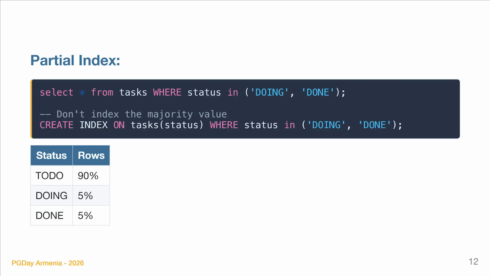and we have millions, like 90% of our rows are already done, but we don't care for them now in this example. So why are we going to waste space indexing them? We can just index the doing and done, and then we will have a smaller index.